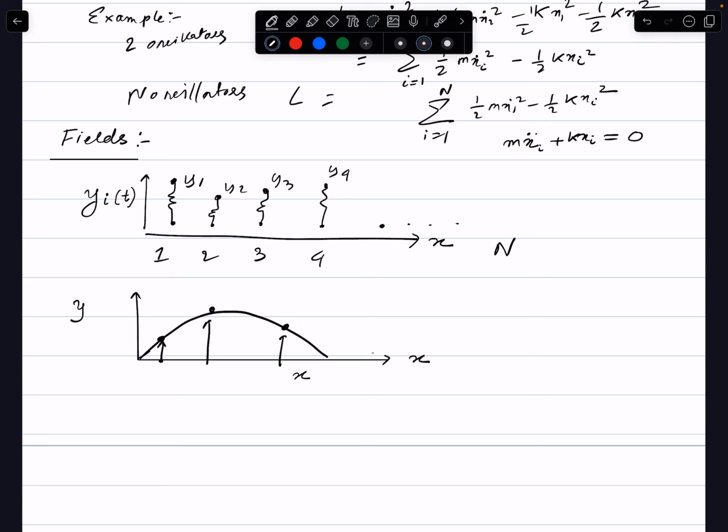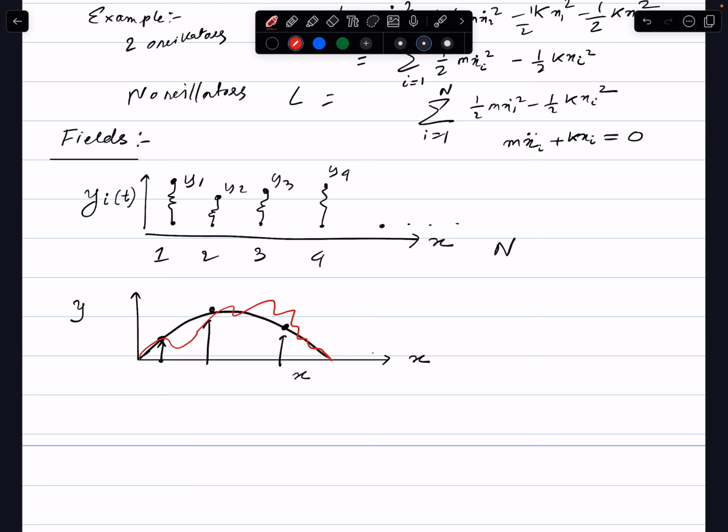If I want to specify the whole string, I have to specify the displacement of each point on the string. The string can look like this, or it could have looked like this after I have plucked it. So to specify the whole string, I have to specify the displacement at each point.